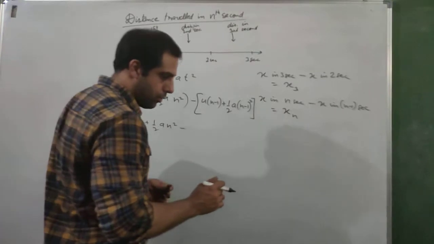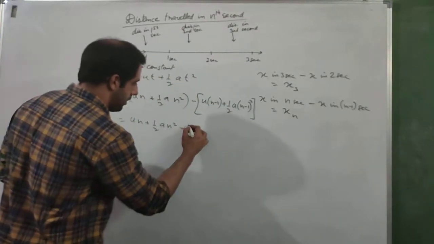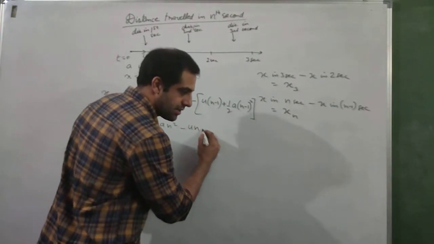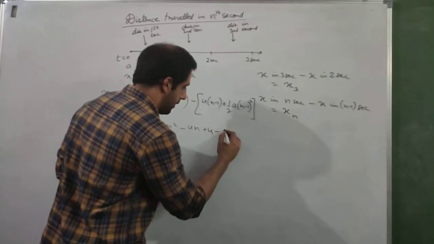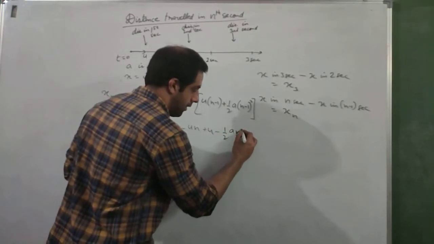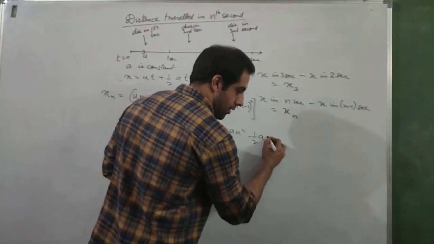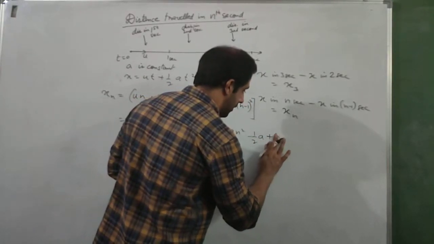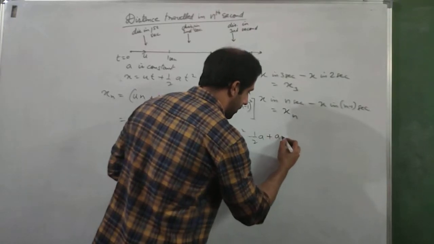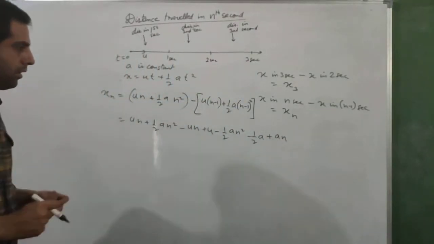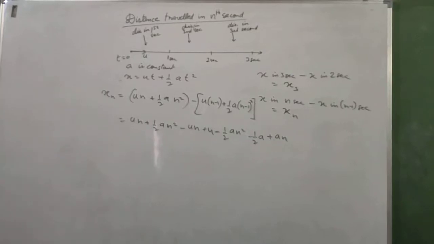This will come out to be, I'll directly write it and you can check whether you are getting the same value. This should be the value that you are getting.